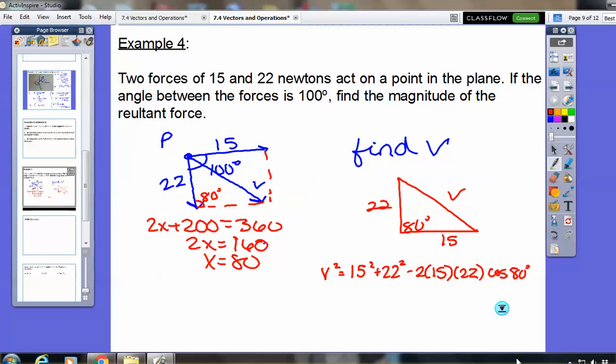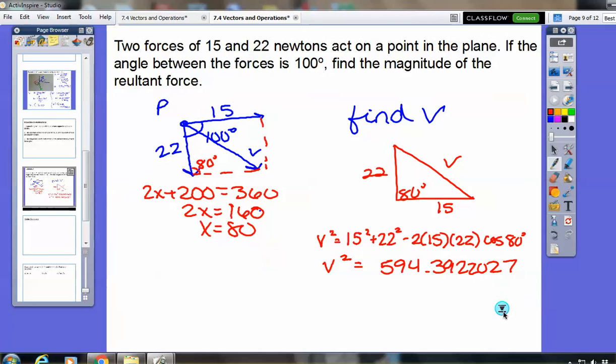All right, type it in. So I get b to be, rounding to the nearest whole number since we didn't include any decimals, 24.